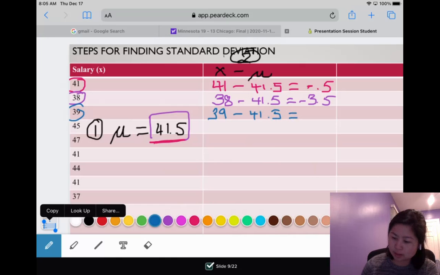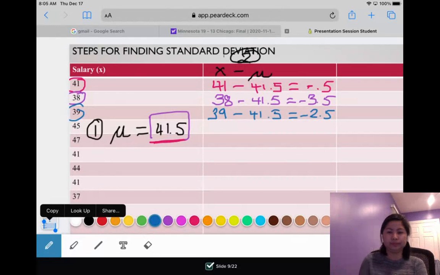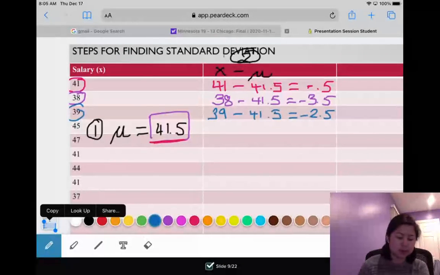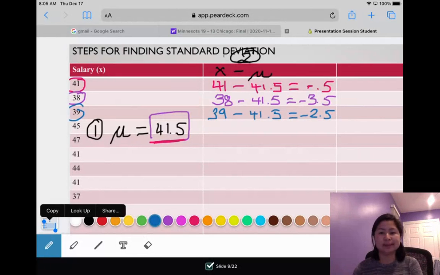That will give me negative 2.5. So that's how I got these values. You're going to do the same for all of them. You're going to take 45 minus 41.5, same thing. So I'm just going to write out the rest of the values, okay?